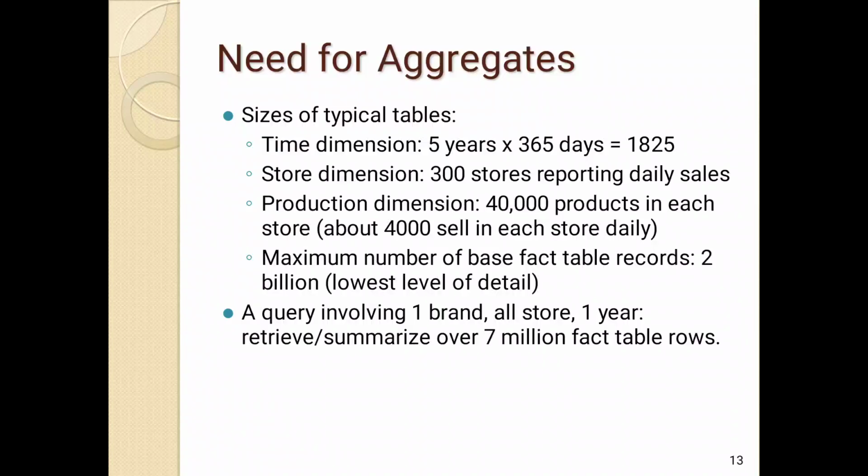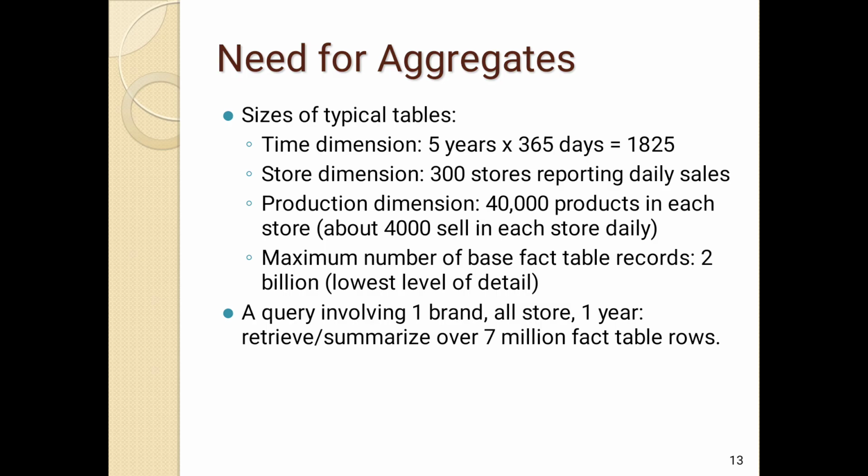Next, need for aggregates. Consider the size of a typical table. For the time dimension, 5 years times 365 days, how much data do we need to add? For the store dimension, 300 stores. As we add the data one by one, the rows keep increasing. For the product dimension, 40,000 products in each store, and it will increase as you update the products in your store.